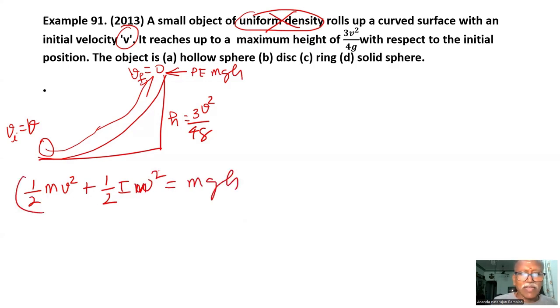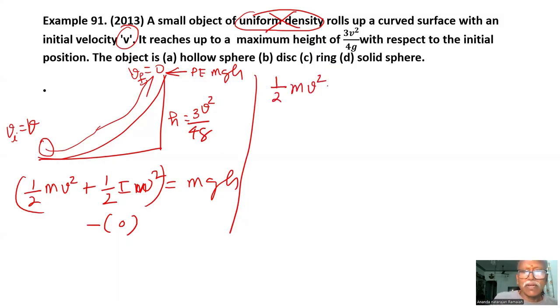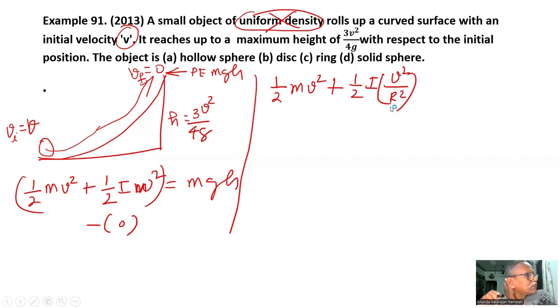This is the initial kinetic energy. Final kinetic energy is 0. Therefore, change in kinetic energy equals potential energy. That we know. Therefore, let us substitute half mv square plus half I omega square, where omega can be substituted as v divided by r, so omega square is v square divided by r square.